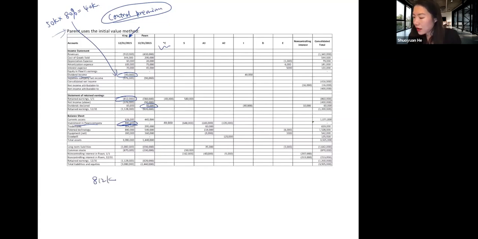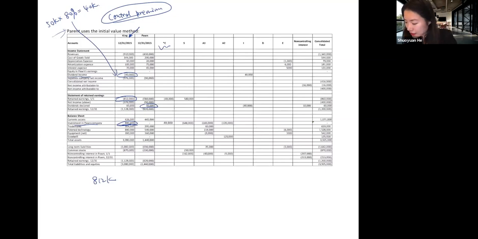Then we need to take out all of the dividends recognized by the parent in the previous years, from the year of acquisition until prior to the current year. And then we need to add back all of the net income, and take out all of the amortization.